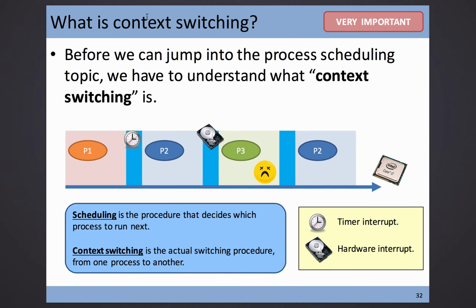We may have possibility number one, you use up your share on the CPU. Then the scheduler steps in, so this is a scheduler call. Second, hard disk or I/O, you give up the CPU because you want to wait for something, and the scheduler steps in. Termination, the scheduler steps in.